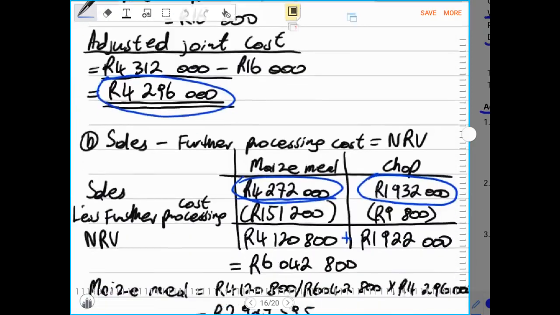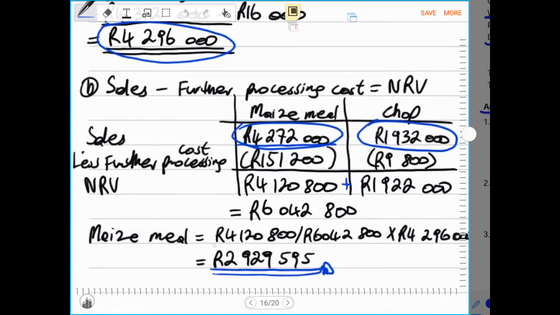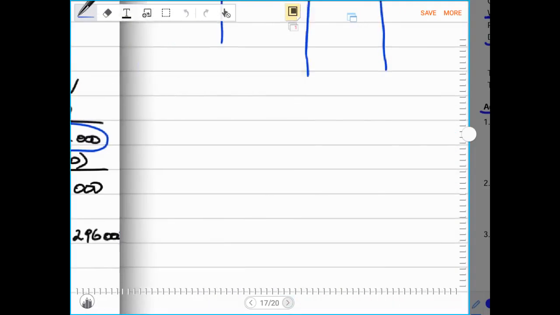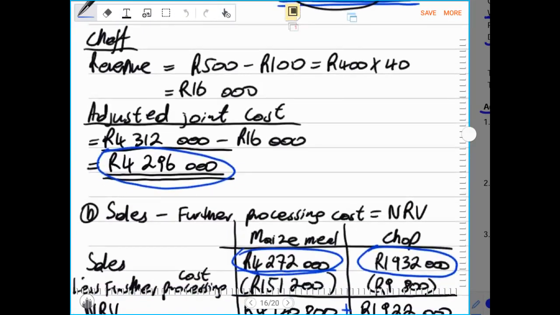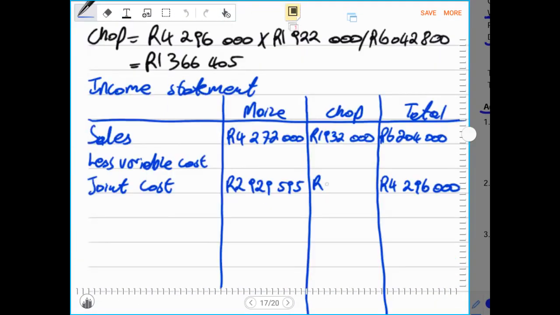And joint costs that were allocated to product maize meal were 2,929,595. And the second one was allocated as 1,366,405. And the total will obviously have to come to 4,296,000 rands.